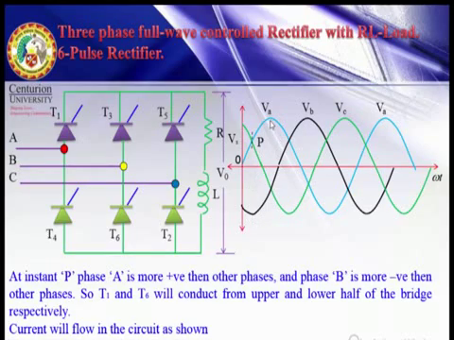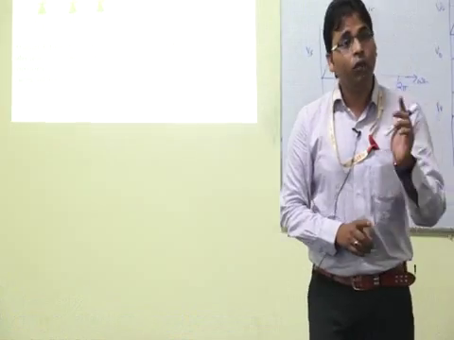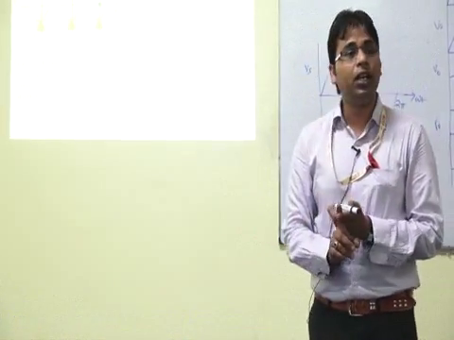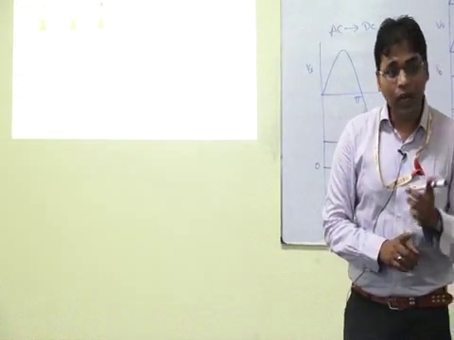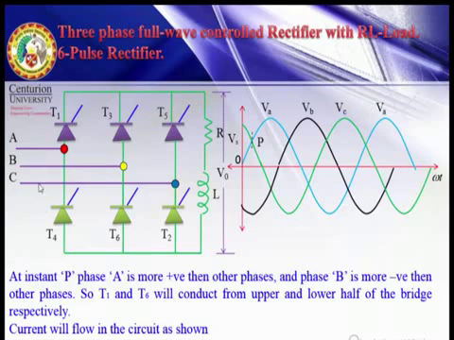So the thyristor connected to phase A will conduct and the thyristor connected to phase B will conduct. From the upper half one will conduct, from the lower half one will conduct. Which is connected to positive here? Phase A, so T1 will conduct.